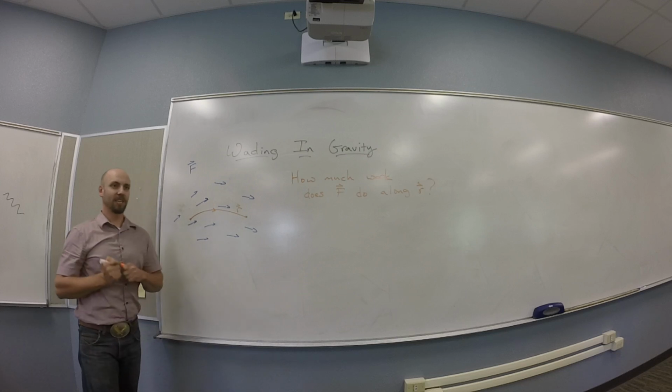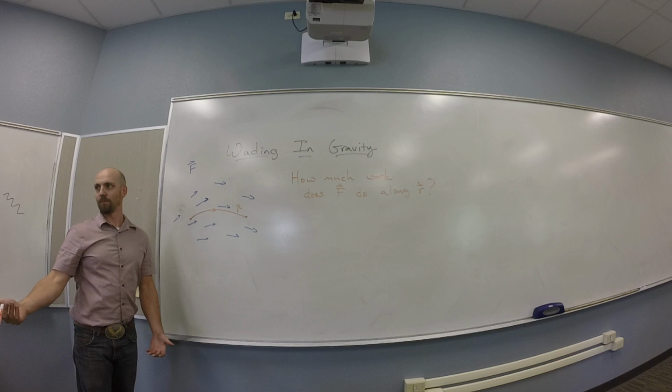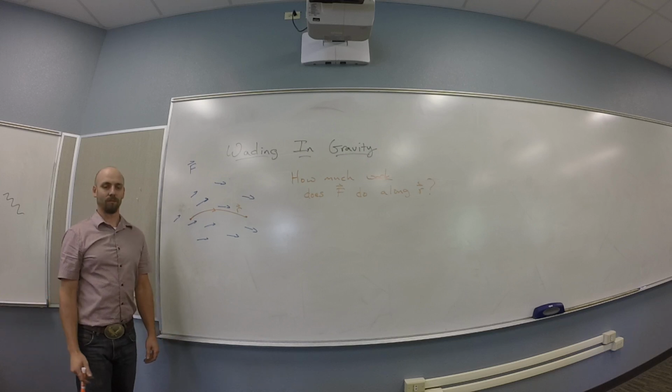Does that question make sense? It's kind of how much it does in pushing you that direction, how much is just flow doing it and not you bothering. Yeah, perfect.